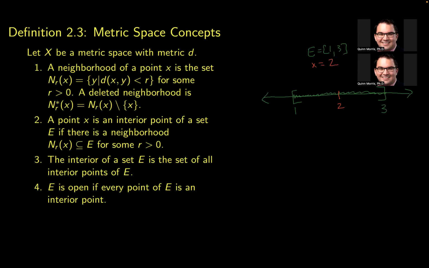If I take the neighborhood of radius 1/2 of 2, that would just be the open interval (1.5, 2.5). And clearly, the neighborhood of radius 1/2 centered at 2 is a subset of E, which is [1, 3]. So 2 is in fact an interior point.